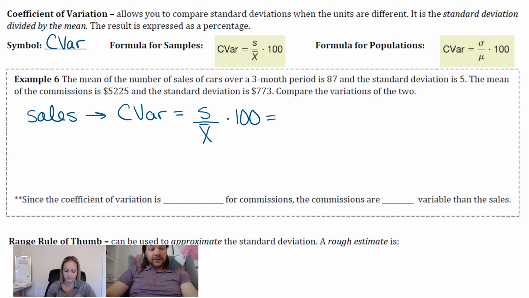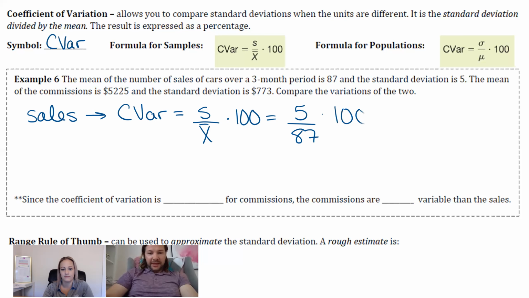So to start off for sales, you take CVAR, which is s divided by x bar, that's the sample standard deviation divided by the sample mean, multiplied by 100. In this case, 5 divided by 87 times 100 is about 5.7%. Okay.